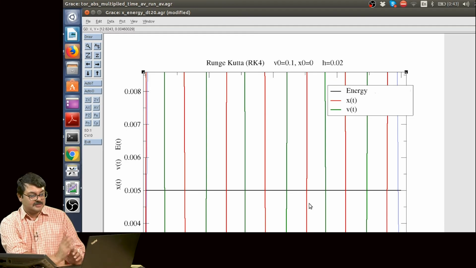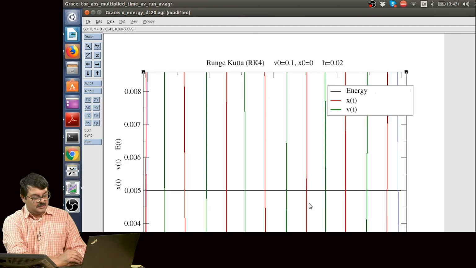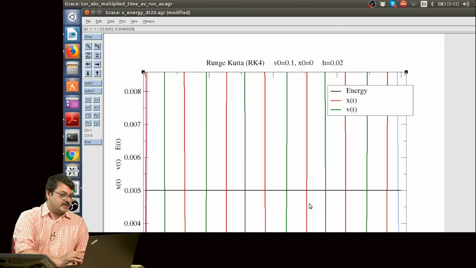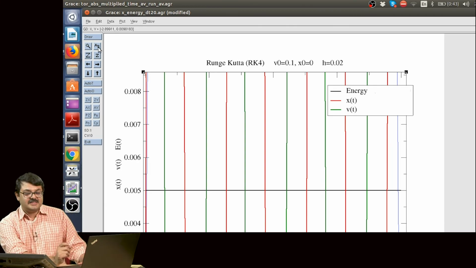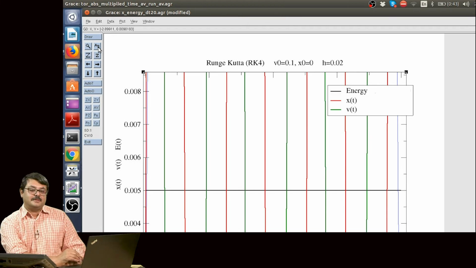So, it is much more accurate, hardly surprising because Runge-Kutta is supposed to be much more accurate than the Euler scheme.